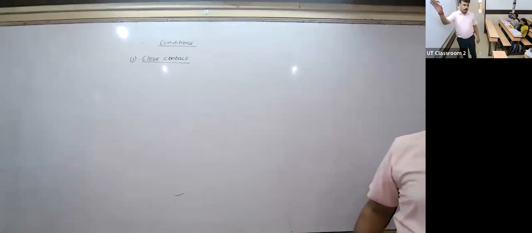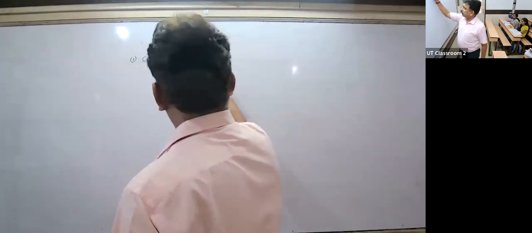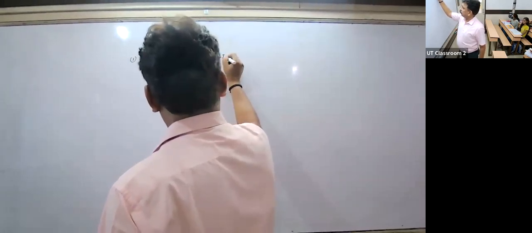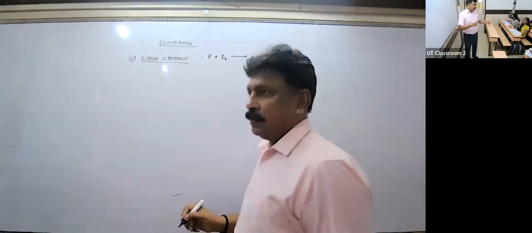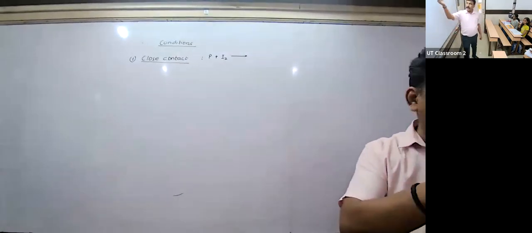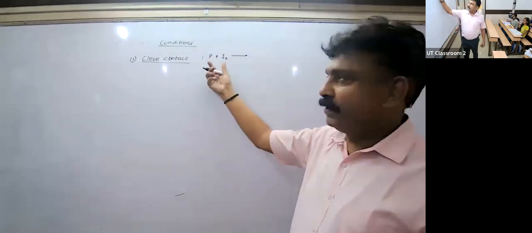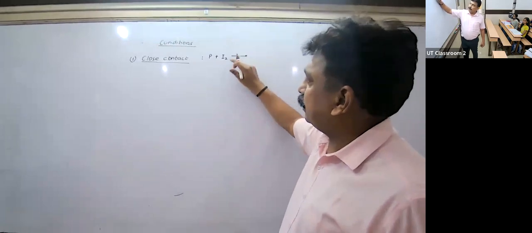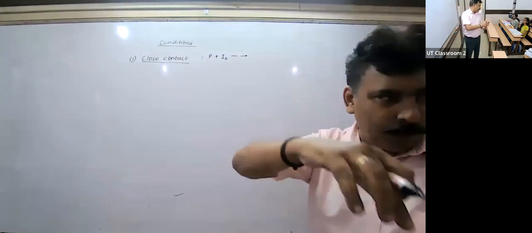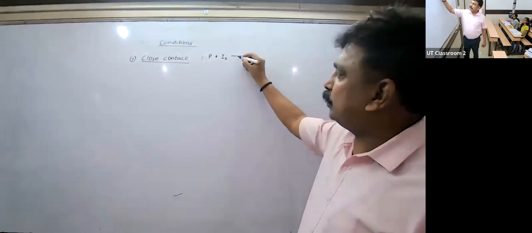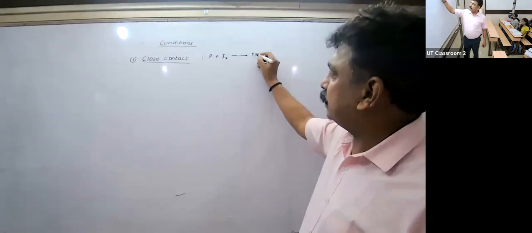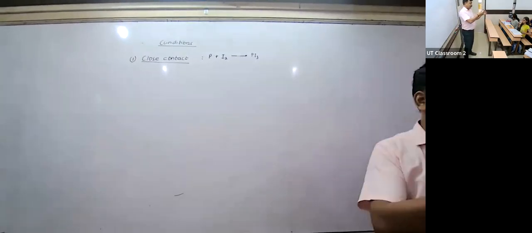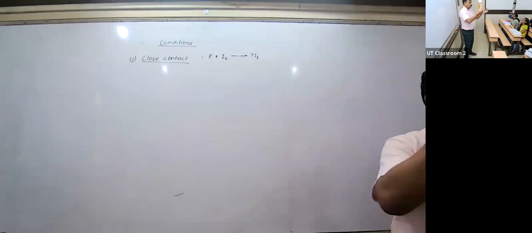Okay? So let's see the close contact. The first example of close contact is what? You take phosphorus, react with iodine. Now you bring them close in a vessel. You bring them close together here, and once they react under appropriate condition, by heating a little bit, you will find heating is required, but here even iodine and phosphorus, just when they are brought in contact with each other, explosively react and form what?